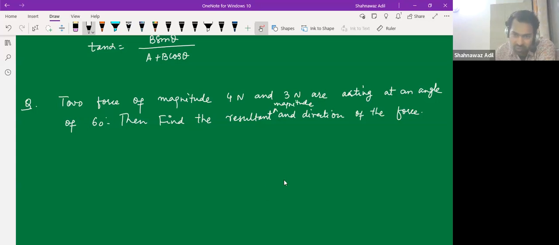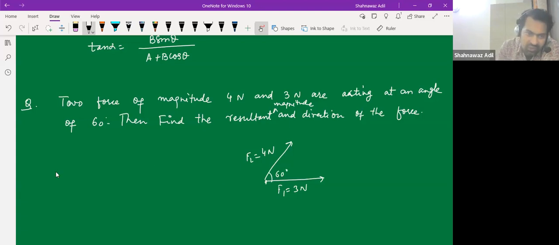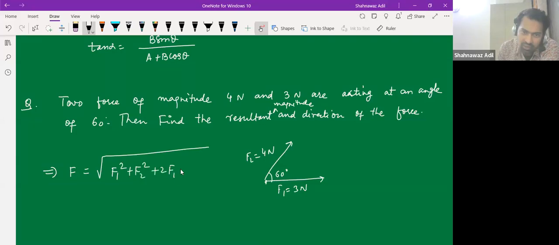So we have two forces. This is 3 Newton, this is 4 Newton. These are acting, and the angle between them is 60 degrees. So we have to find the resultant. We know that the resultant is the root of F1 squared plus F2 squared plus 2 F1 F2 cos theta.